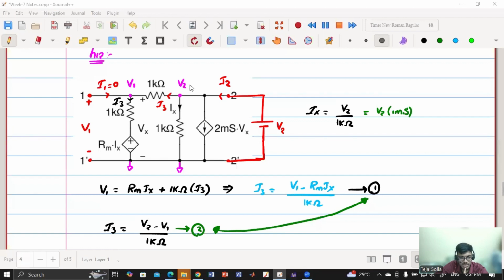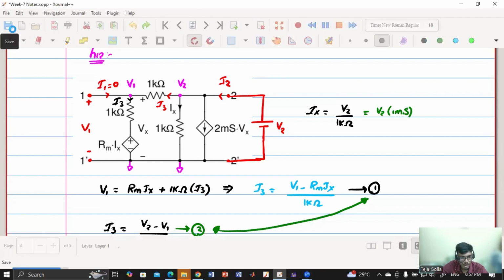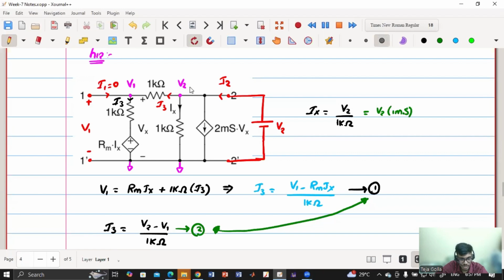If I consider the top as ground, then this will be minus V2, which is not so straightforward, and I'll tend to make more mistakes. If it is plus V2, then it will look good and I will not make any mistake. So I have considered this as ground, and this is obtained from this voltage source, which is V2.